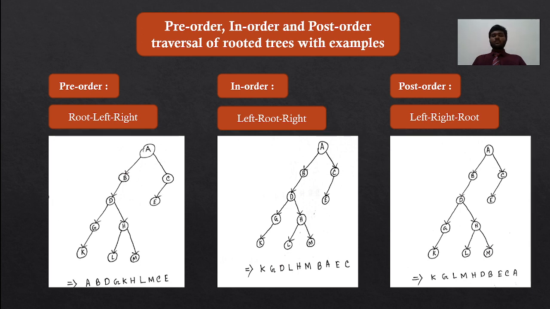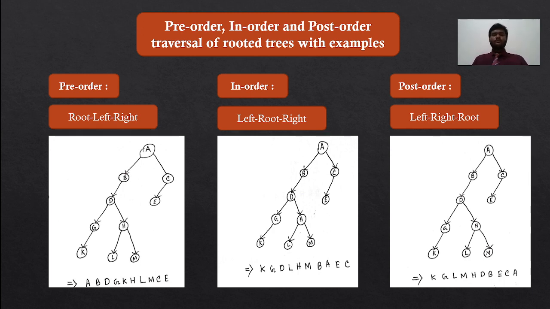Here our left child is K, then the root of K is G, and here we don't have any right child of G. Then we have to go to D. If we consider D as root, then we have already completed the left child of D, then we have to go to the right child of D. Here this right child is H.